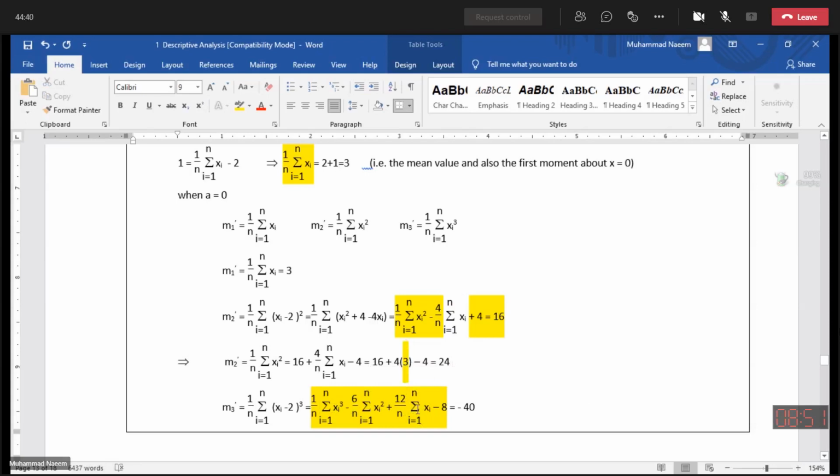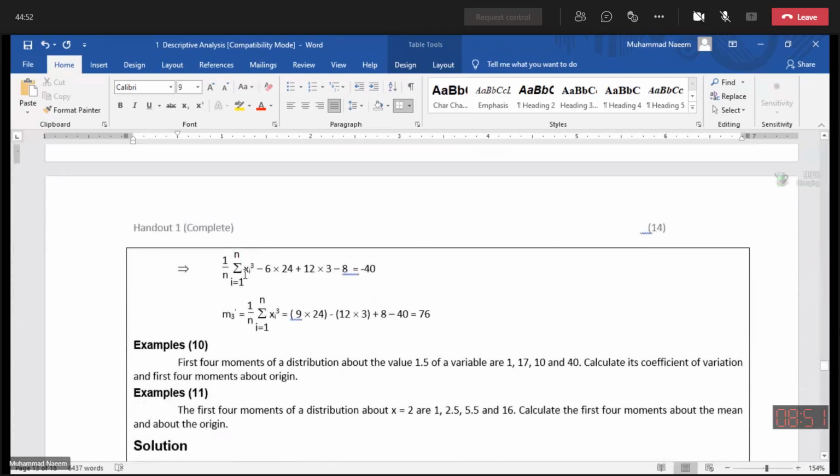All these values, except the first term, which becomes this one, the third moment about origin. Shifting all the rest of the terms to the right hand side and simplifying, we get the result.